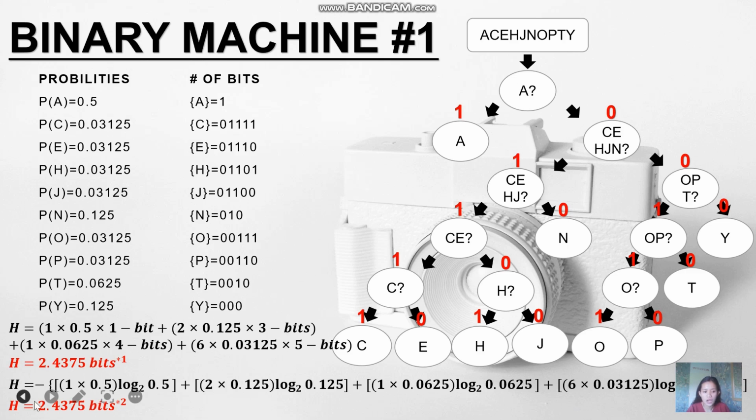So the result is equal to 2.4375 bits, which is still the same. So this is the entropy for binary machine number 1.